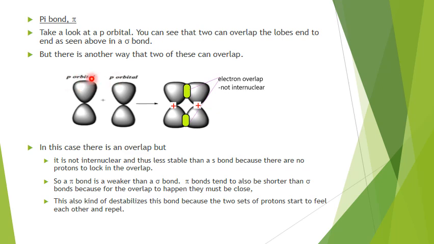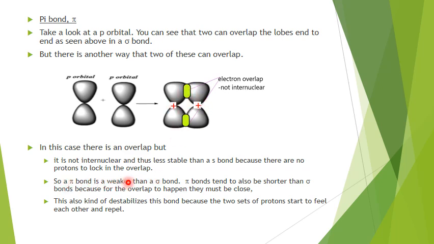There's another way that p orbitals can overlap: the tops and the bottoms can overlap. But the overlap is not directly between the nuclei. In this case, there is an overlap, but it is not internuclear. Therefore, it's less stable because there are no protons to lock in these electrons.